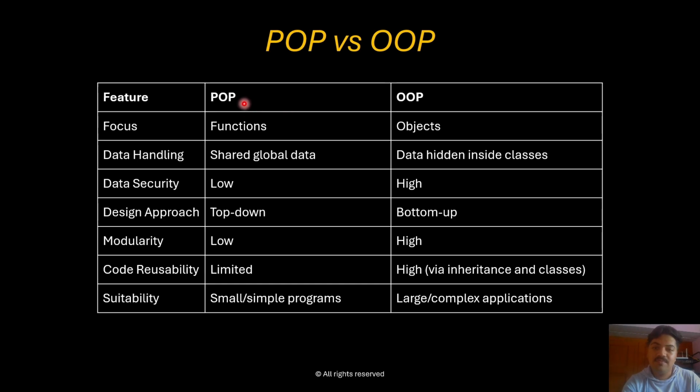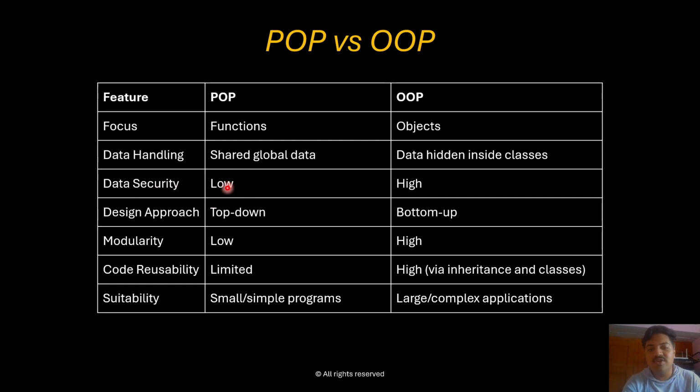Features, like focus. POP, the procedure-oriented programming, focuses on functions, whereas object-oriented programming focuses on objects. Data handling. In POP, the data is shared globally, whereas in object-oriented programming, data is hidden inside classes. Data security.